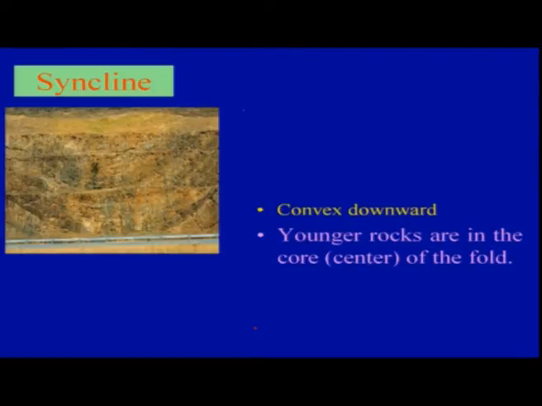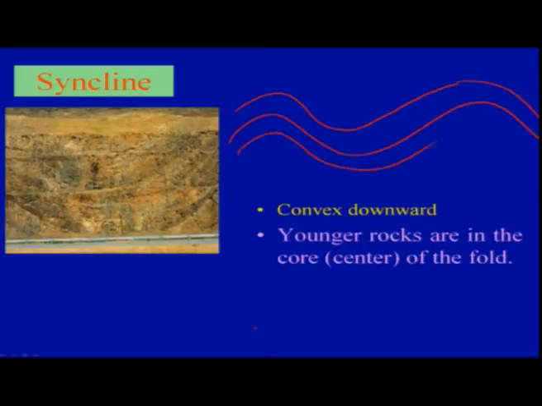So, if you draw a section here, where we have anticline and syncline, then you have these different layers which have been folded. You have an older layer here, then the younger one, whereas here you have the younger one, and then here the older one, going on like this.